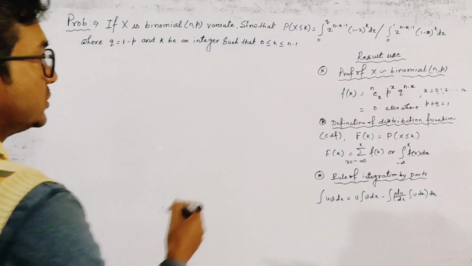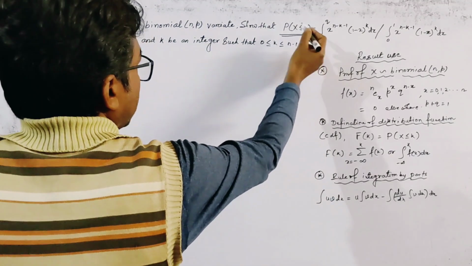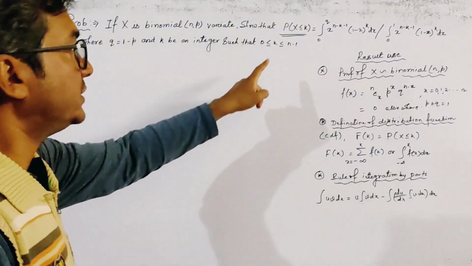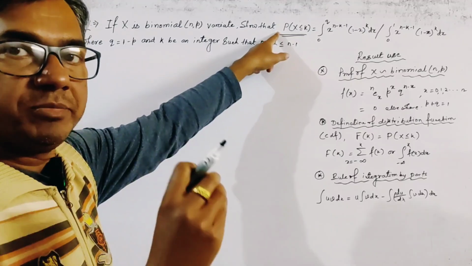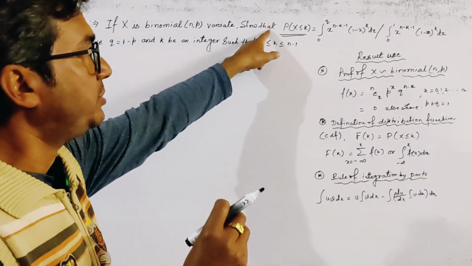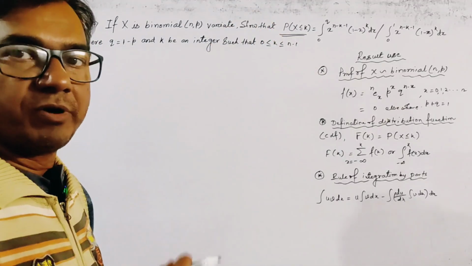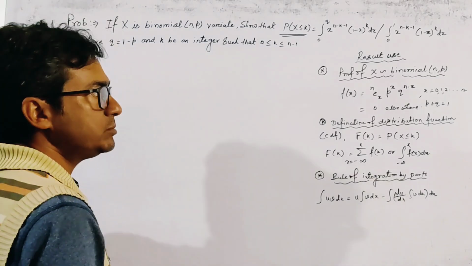We first start from the left side of the problem, and clearly this is nothing but the definition of CDF, the cumulative distribution function, or simply the distribution function. So what is the distribution function?